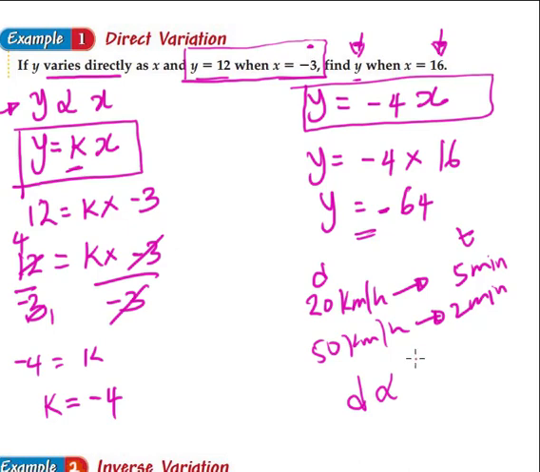Because it's inverse, this will be 1 all over t. For directly proportional, we just say d is directly proportional to t. But because this is inversely, you would say 1 all over the second quantity. Now to remove the inverse variation symbol, I will introduce the constant of proportionality times 1 all over t.